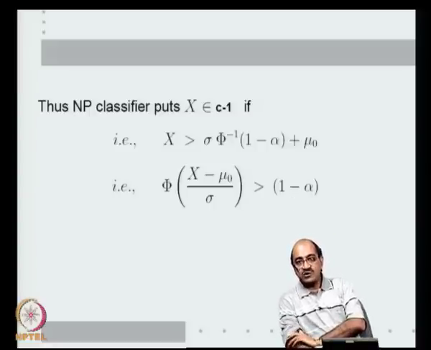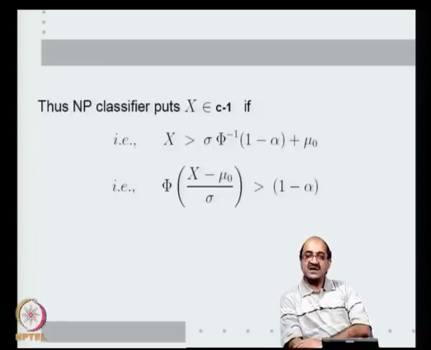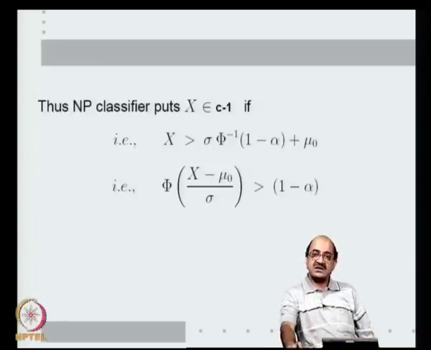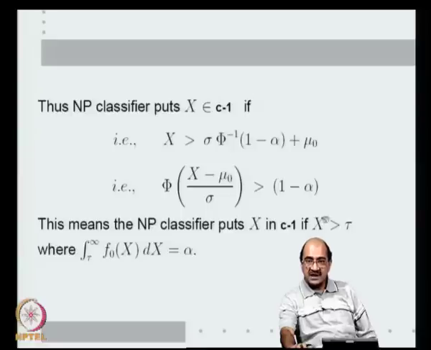What is phi of x minus mu 0 by sigma? That is the distribution function of the standard normal. So, what does this mean? This means this threshold x greater than tau, if I think of this as tau, the integral of the density function of class 0 starting from this tau to infinity will exactly be equal to alpha, right, because phi of this is greater than 1 minus alpha, what is remaining in the integral will be equal to alpha.